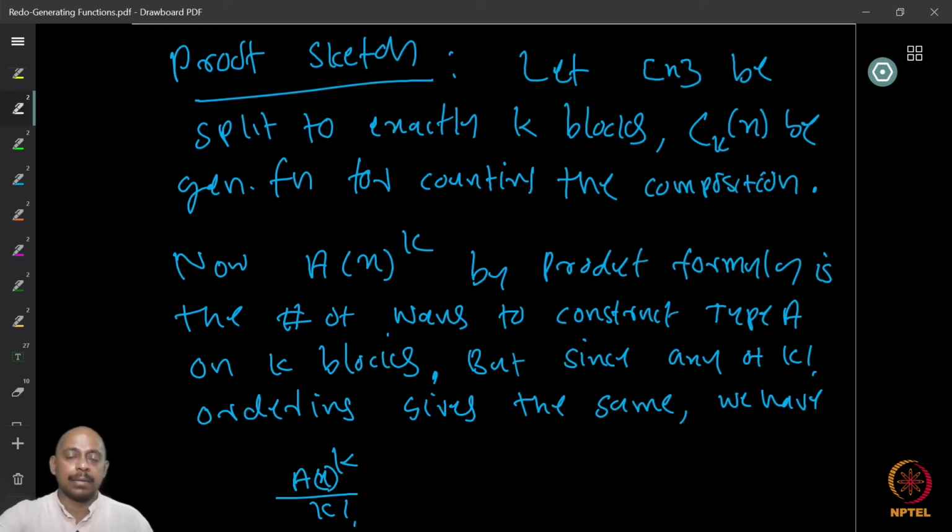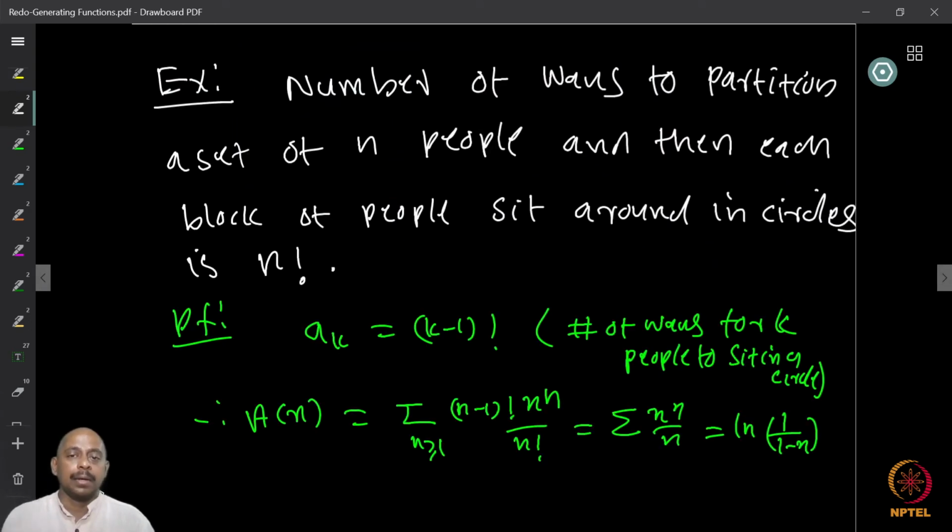Here we are asking each block of people to sit around in circles. Now, if there are k people in a block, then there are (k minus 1) factorial ways to put them in a circle. So circular permutation is precisely (k minus 1) factorial.